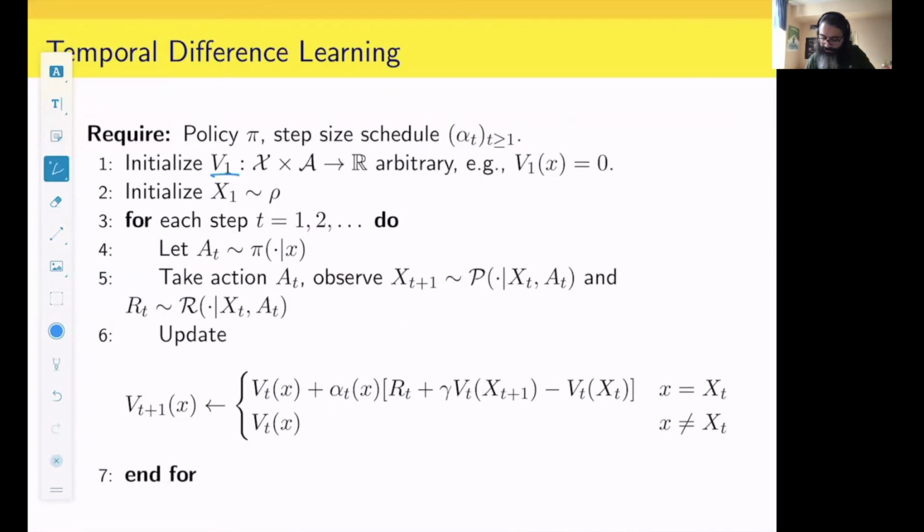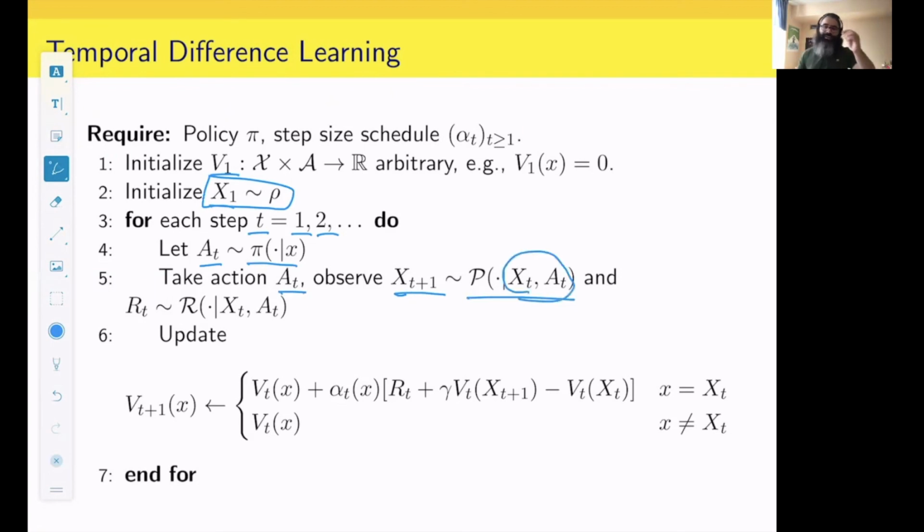So initialize the value function. I initialize x_1 from some distribution. I assume this is a continual or continuing task, so I start from one point and go on to infinity. For each step t equal to 1 to infinity, I choose an action according to the policy, and observe x_{t+1}, the next state, according to the transition kernel conditional on x_t and a_t.